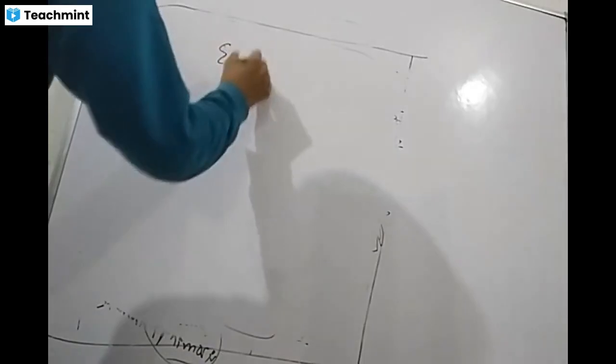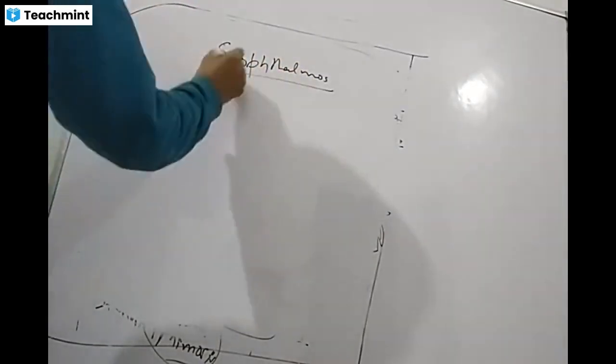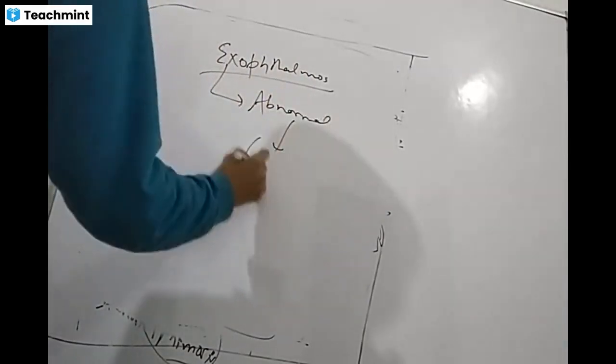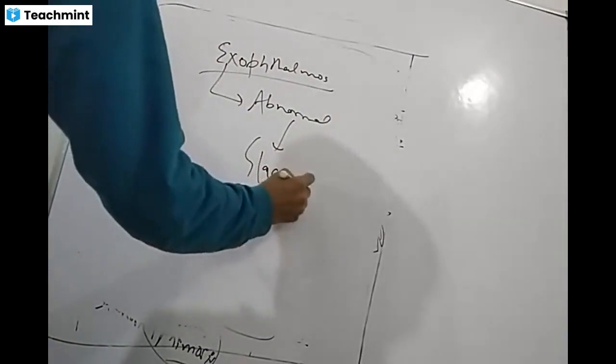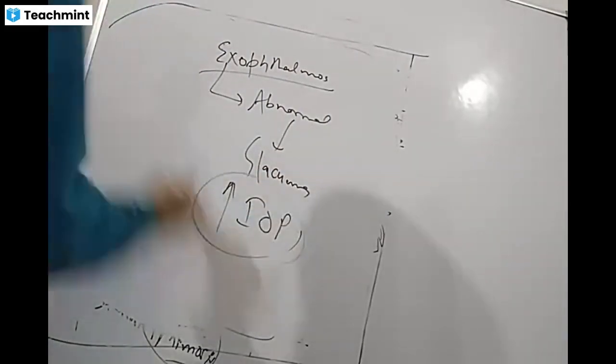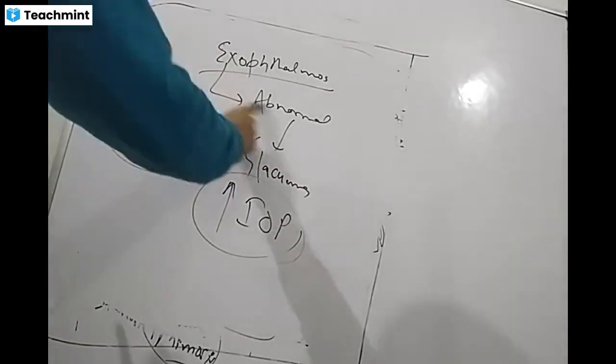Then there may be exophthalmos. Exophthalmos is not normal, it is abnormal. And it is seen in glaucoma, where there is increase in intraocular pressure and the eyeball becomes large. That is known as exophthalmos, and this exophthalmos is abnormal.